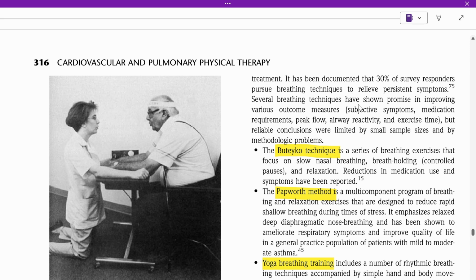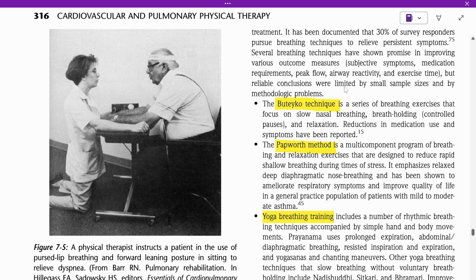Several breathing techniques have shown promise in improving various outcome measures: subjective symptoms, medication requirement, peak flow, airway reactivity, and exercise time. But reliable conclusions were limited by small sample size and by methodological problems.